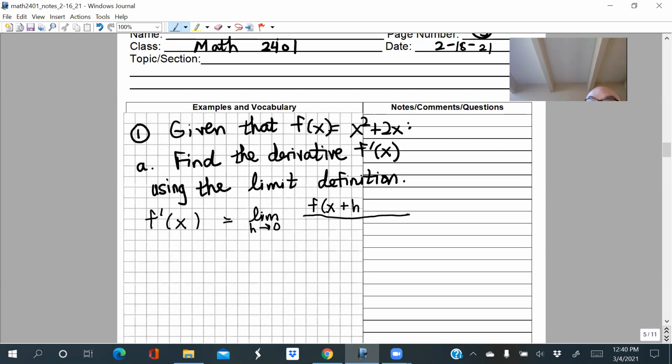You start at your input, and then you go over to your input plus a little increment. But again, I'm using x for my input rather than a specific number. So it's f of x plus h minus f of x, over x plus h minus x.